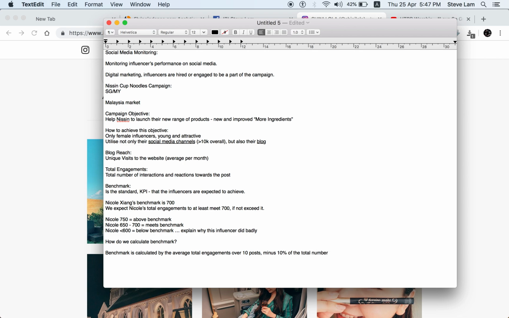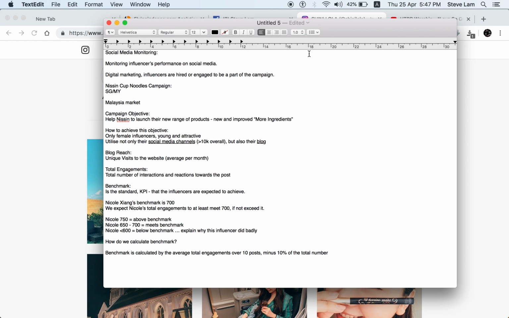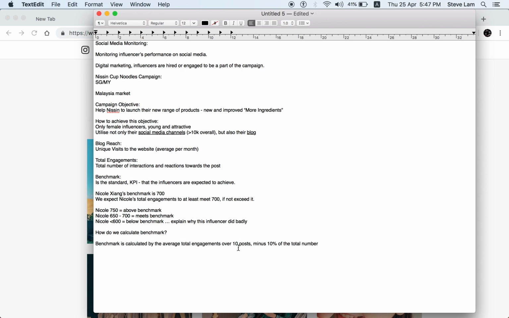So what we mean by this is, before I show you here, let's just say that because these are all make-believe numbers, this influencer's post 1 got 10 engagement. Post 2, same, 10 engagement. Post 3, same, 10 engagement.